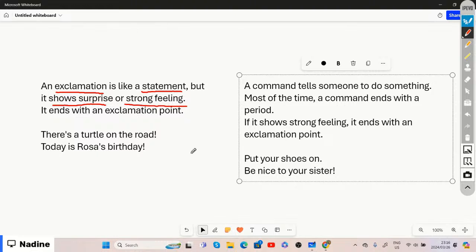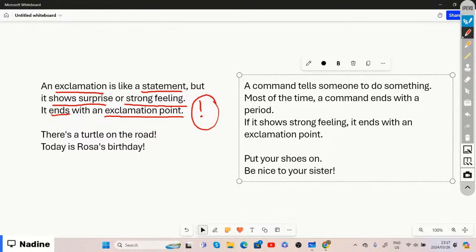But in this case, an exclamation is like a statement. It is not necessarily a statement, it is like a statement, but it shows surprise, it shows strong feeling. And an exclamation ends with an exclamation point. An exclamation point looks like this. It's like an upside down line with a point or dot or period underneath. So this is an exclamation.